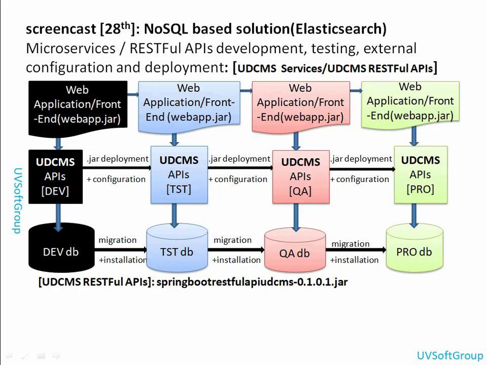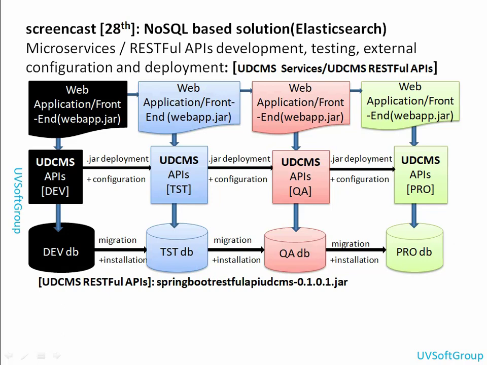So when your development is done in the development environment and you have done your tests there, you configure your application and deploy it into different environments. That means your backend server migrates from dev to test to QA to production, and you configure and deploy your jar into those different environments.